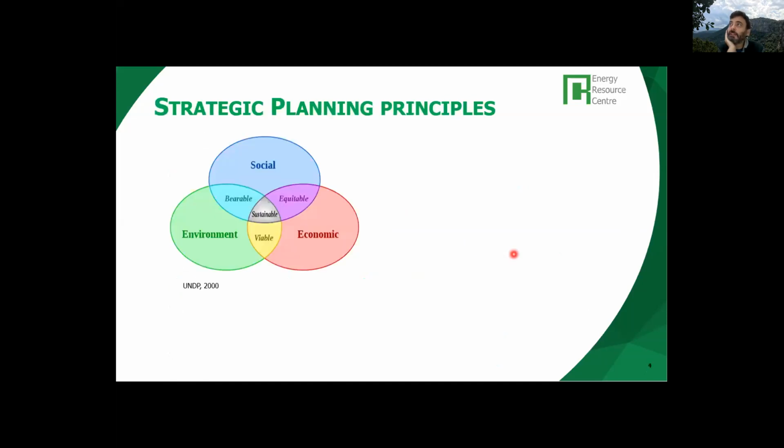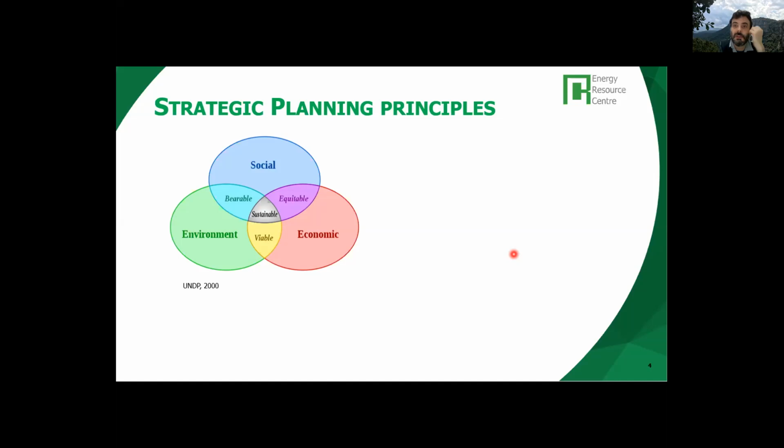Okay, let's have a look at the first point, the strategic planning. Let me put a little bit of vision here, a little bit of philosophy, if you want. We are in a context of sustainable development, right?